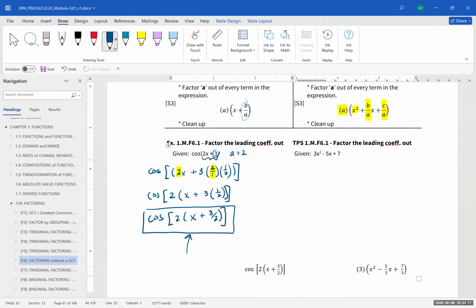We have this think, pair, share here. So go ahead and pause the video and give this a try. All right, but let me go ahead and work on this. In this case, our leading coefficient is 3, which means these other two terms we're going to multiply by 3 over 1 and 1 over 3.